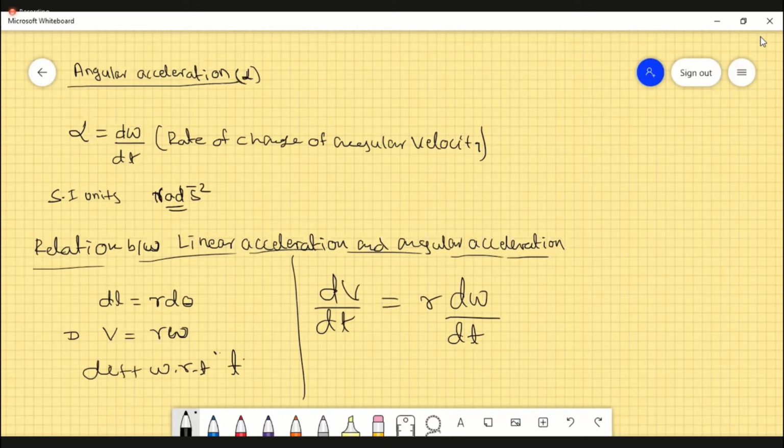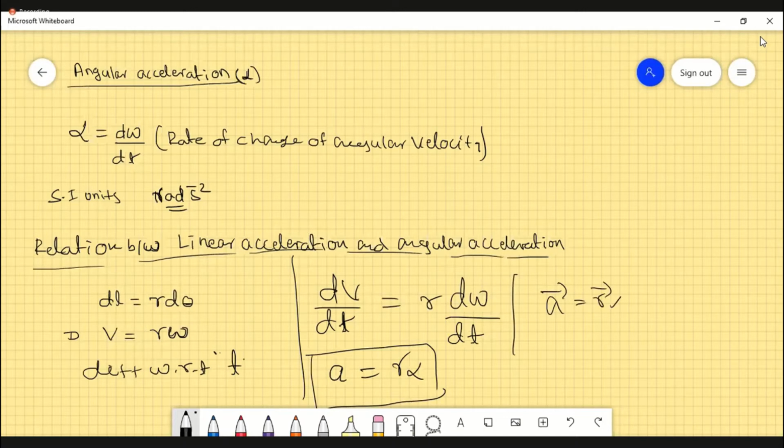The rate of change of linear velocity, that is acceleration a. And the rate of change of angular velocity will be alpha. That is a equals r alpha. In vector form, you write a equals alpha cross r. This is the relation between angular acceleration and linear acceleration.